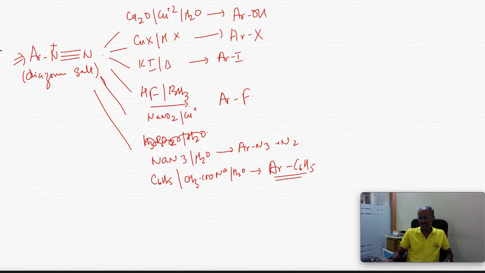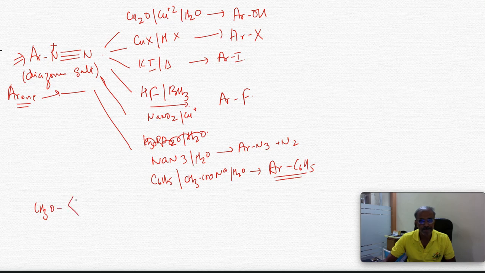Why? Because arene diazonium salt. This is known as arene diazonium salt, or diazonium salt, you can say. Because arene diazonium salt, what happens? To be more precise, I will take CH3O, and then it can easily undergo this.